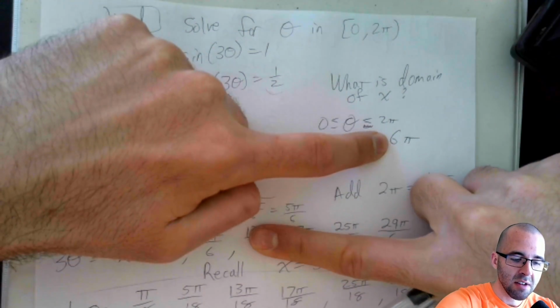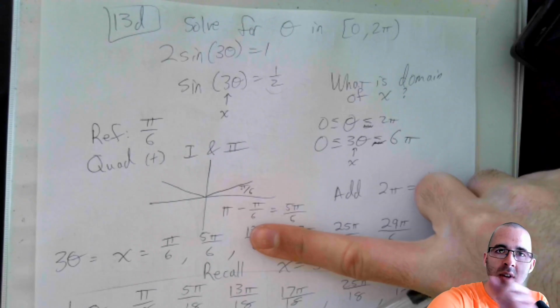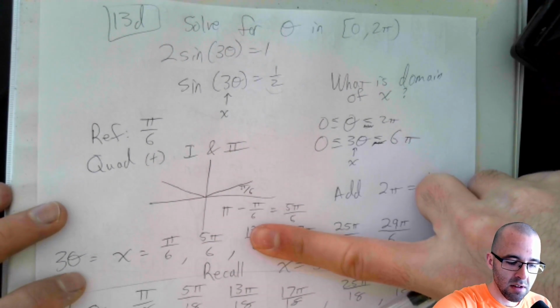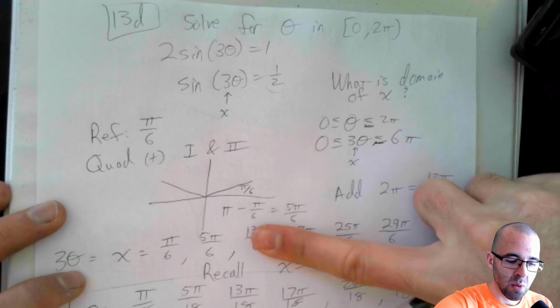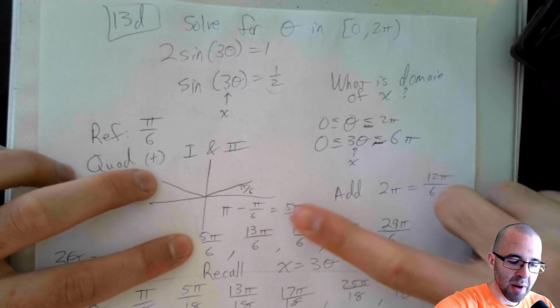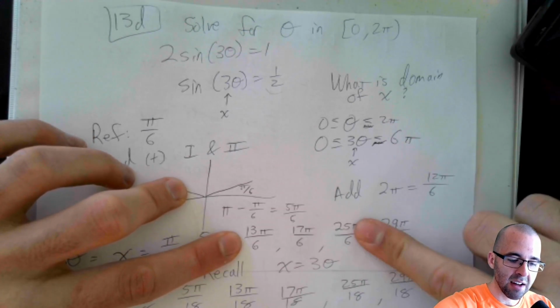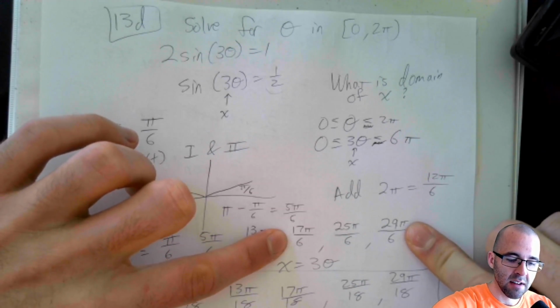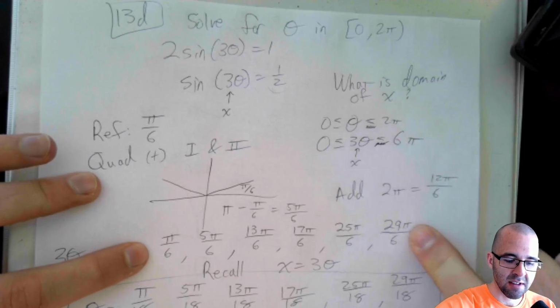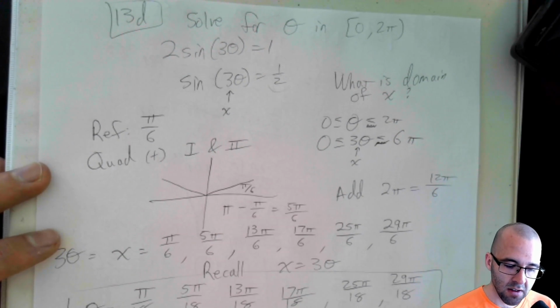But we need 0 to 6 pi, which is the first 3 rotations of a circle. So we added 2 pi to pi over 6, and we got that. We added 2 pi to 5 pi over 6 to get this. 2 pi to that gives that. 2 pi to that gives that. And these are all the answers in 0 to 6 pi for x, after which we solve for theta.